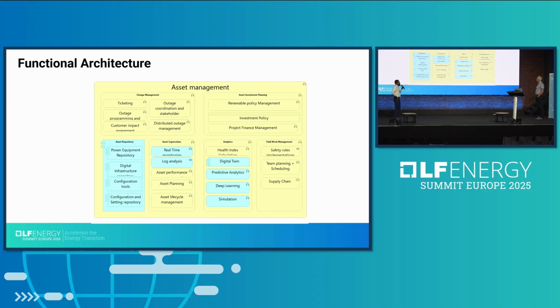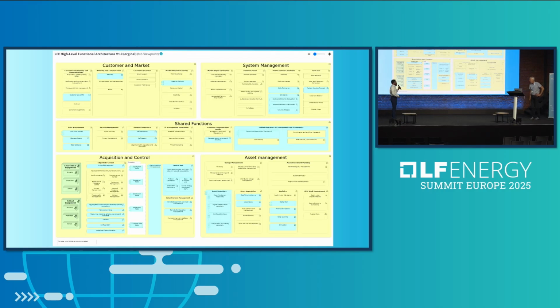Now the question will be asked, okay, from what perspective, with what intention, with what scope did you build it? The generic scope here is the services or the functions which are to be offered or which are in the domain of a DSO or a generic TSO. And in the next slide, you can see the whole functional architecture model which we created.